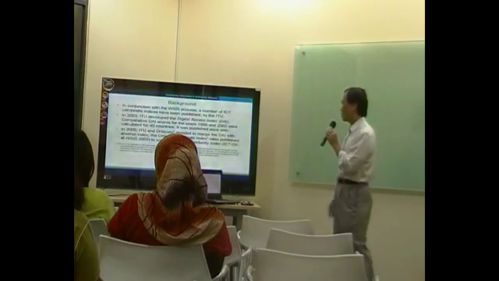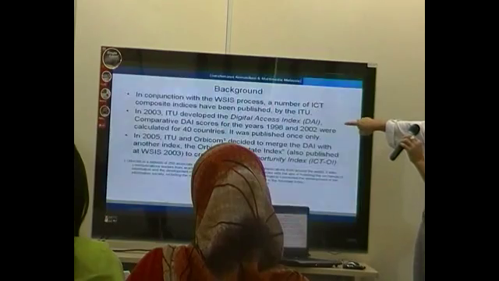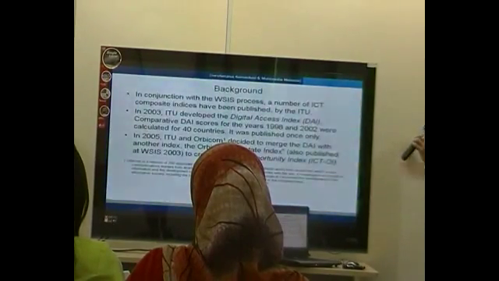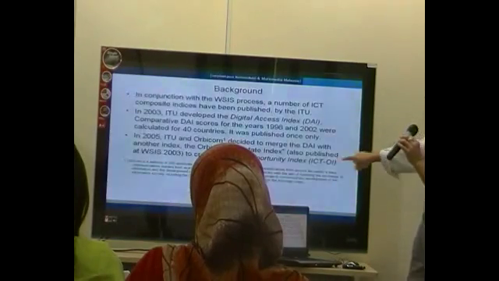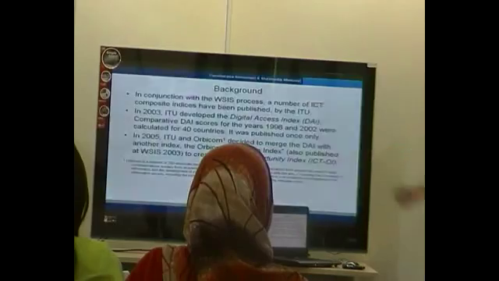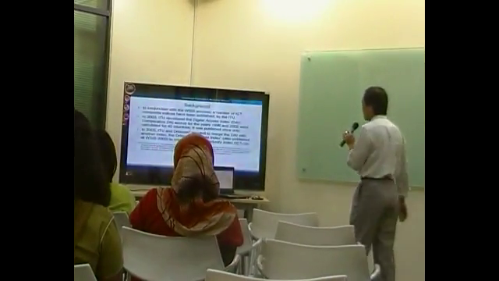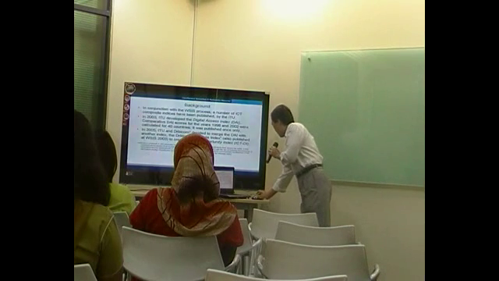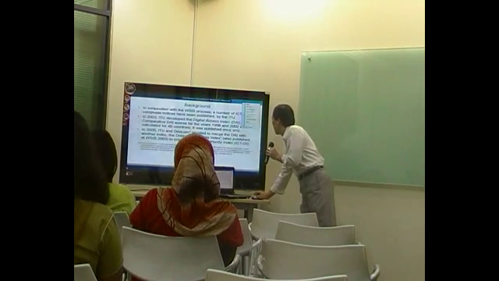So in 2005, ITU and Orbicom decided to merge the DAI. Remember, DAI comes from ITU. To merge ITU's DAI and Orbicom's InfoState Index to create what is known as the ICT OI. OI stands for Opportunity Index. And as though there's not enough, you have another one.